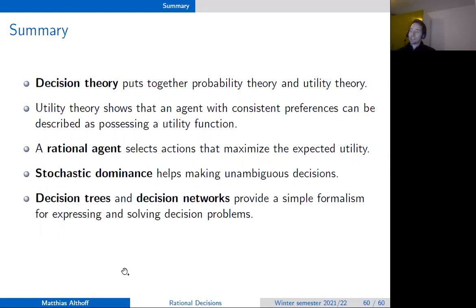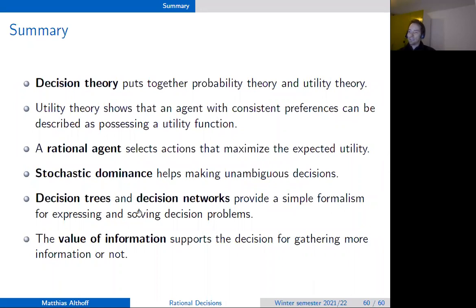And we have looked at decision trees and decision networks, where decision trees is more straightforward and easier to understand, but they grow exponentially with the number of decisions. And decision networks, a more compact way, similarly as using Bayesian networks as compared to a full-fledged joint probability table.